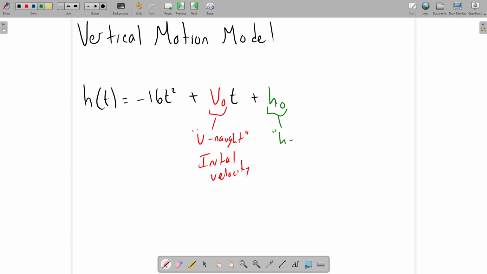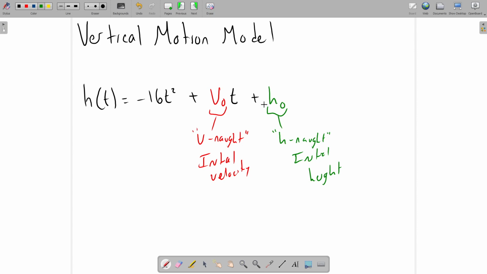And then we also have plus h naught, and this is the initial height of whatever object is being thrown or dropped.